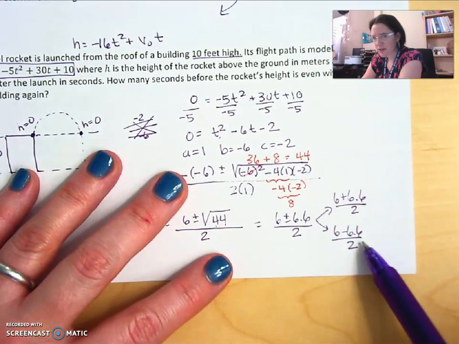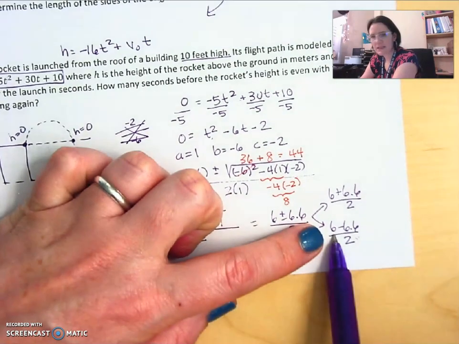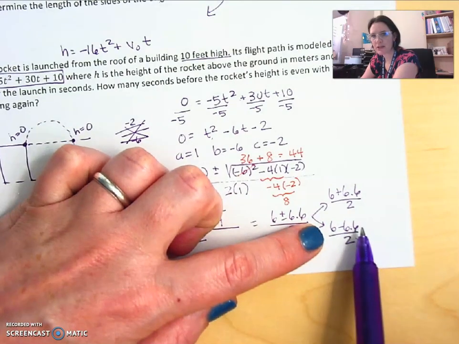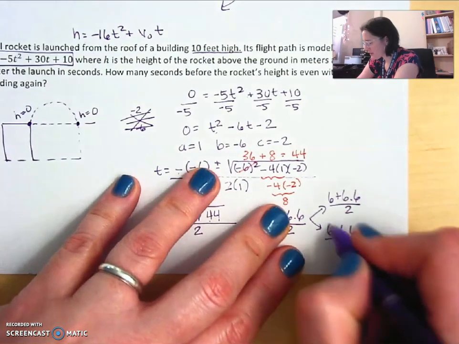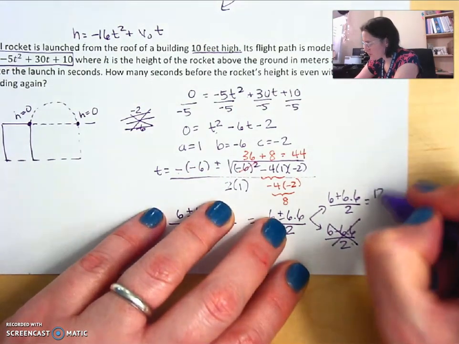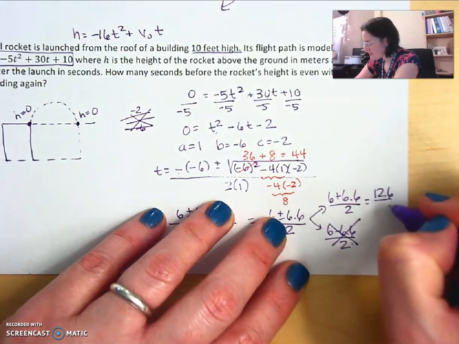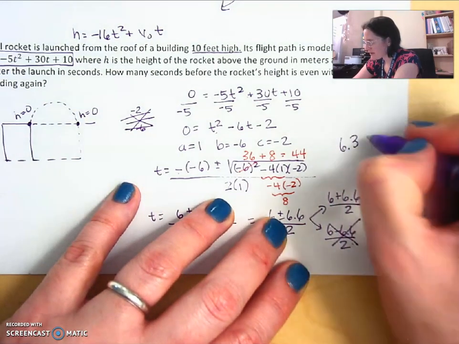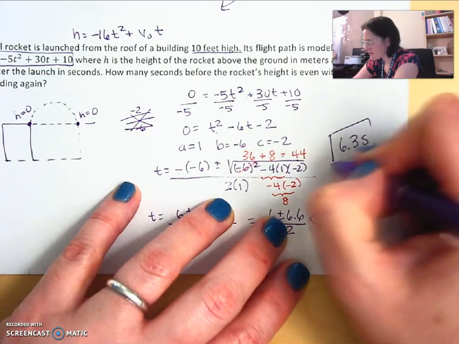I can disregard this version because I have 6 and I'm subtracting more than 6, right? 6.6 is greater, so that's going to be negative. I don't care about negative. So this is going to be 12.6 divided by 2, which is 6.3, and my units are seconds.